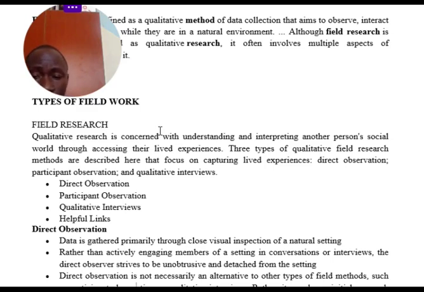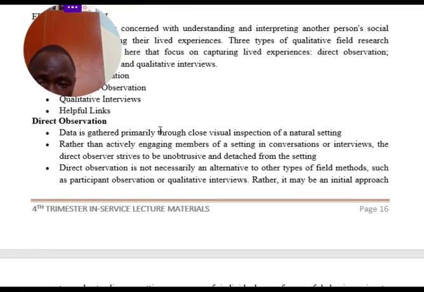When we are talking about the directive research, here we are looking at the data gathered through visual inspection of the natural setting. In other words, it requires an individual going into the field to observe the features directly. So someone goes into the field to obtain information, critically observing each and every feature, the way it appears and how it came into existence.